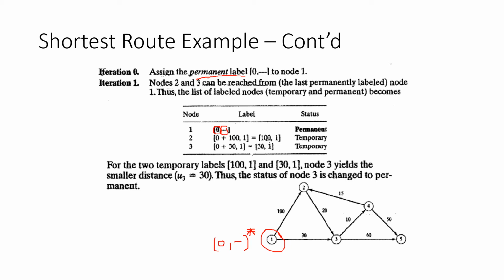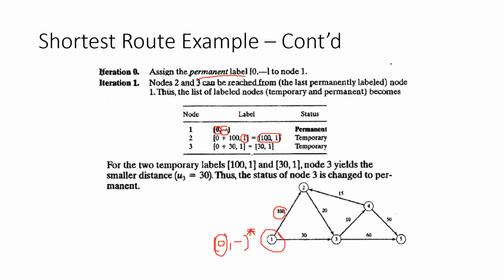The label for node 2 becomes 0, which is the distance traveled so far, plus 100, the distance from node 1 to node 2, and comma, it's coming from 1. Thus the label becomes 0 plus 100 is 100, comma 1.